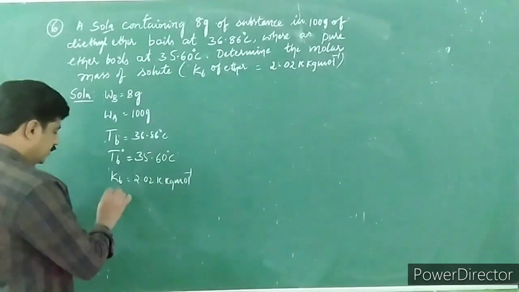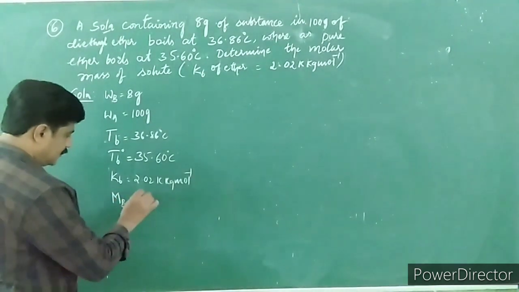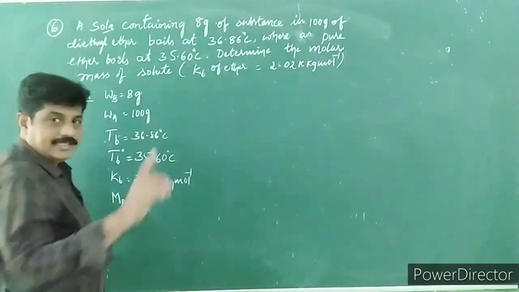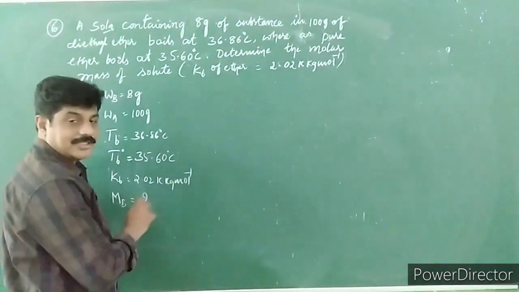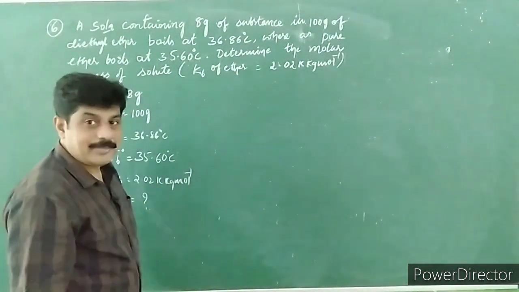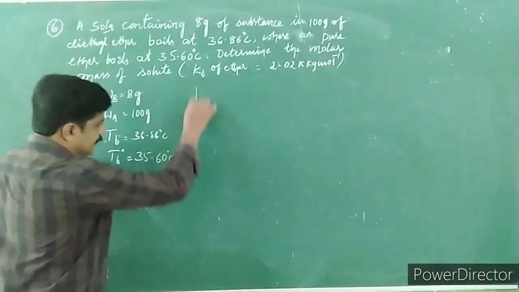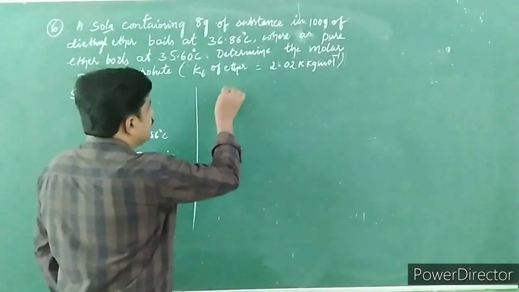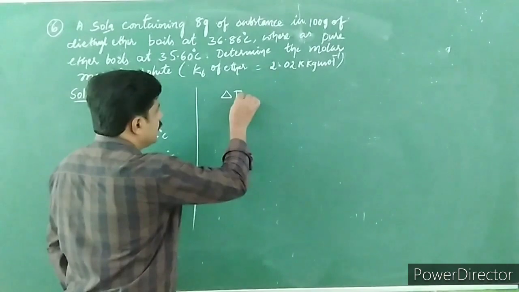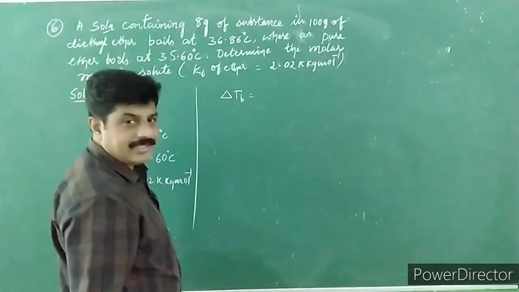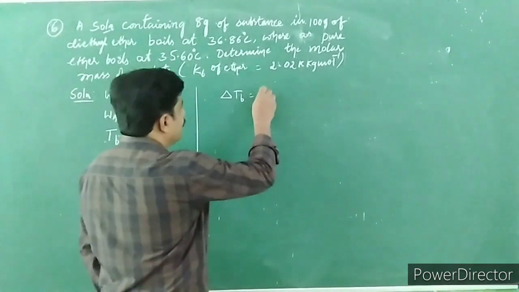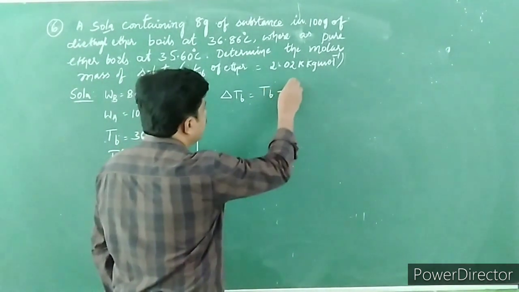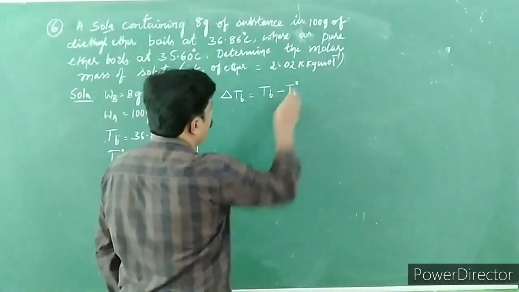Now what are you about to find out? You are supposed to find out the molar mass of the solute. Remember, for finding out molar mass, you need to know delta TB also. Look at here. Delta TB, the expression you know, elevation in boiling point, is equal to TB minus TB naught.